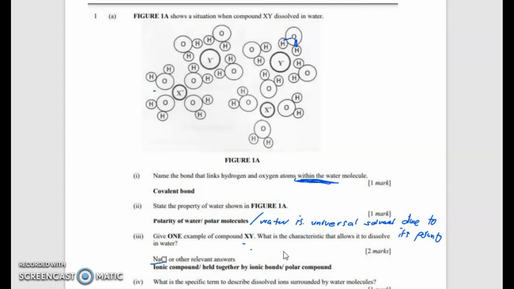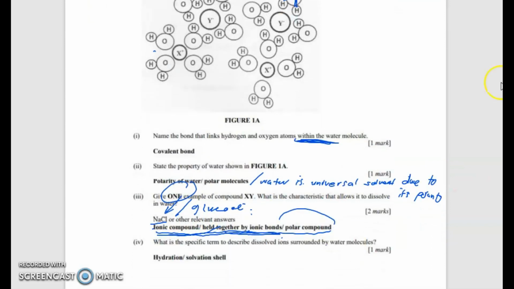Polar compounds and ionic compounds can be dissolved in water. What is the characteristic that allows it to dissolve in water? Obviously because it is an ionic compound or a polar compound, because these two types of compound can be dissolved in water. That's all: one example, and the reason, ionic compound or polar compound.